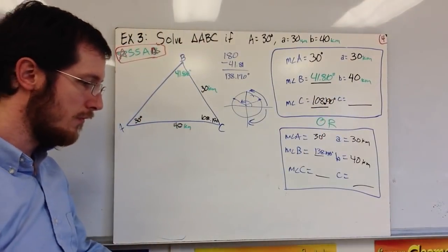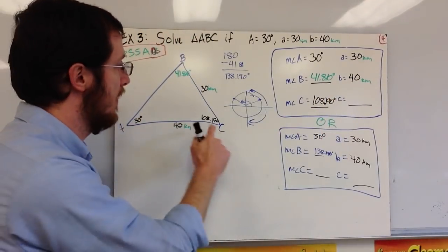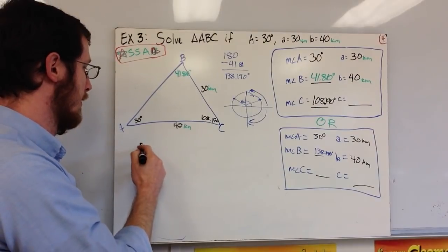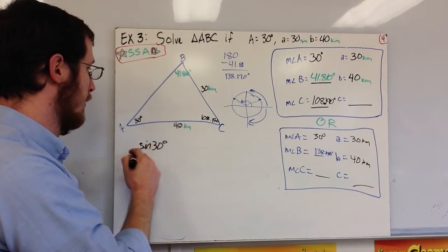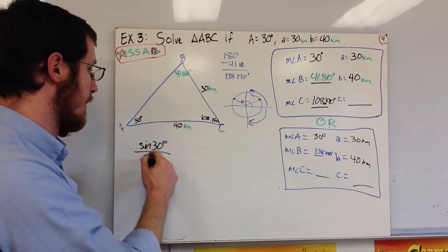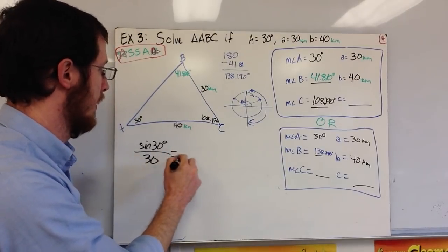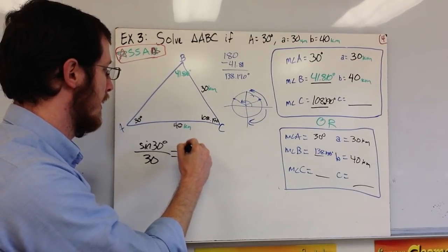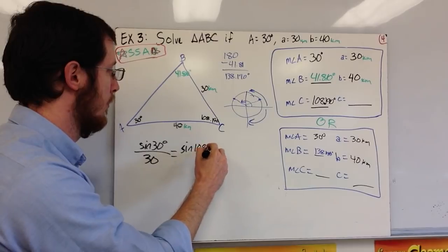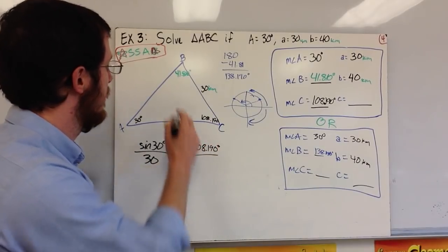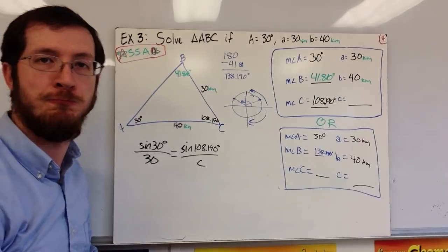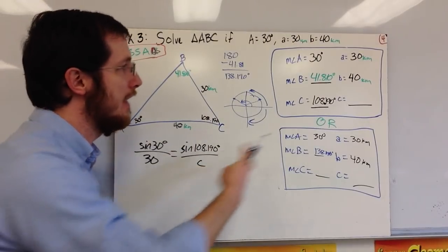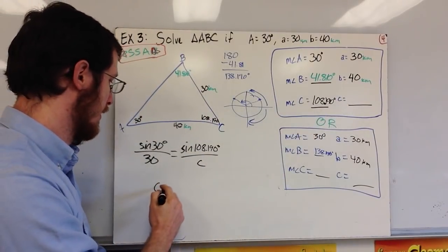Okay, and then setting up law of sines to find this last side here. Start off with the same ratio that we're given. And then we've got the sine of 108.190 over side little c. Okay, so we want to do sine again to find this side c.